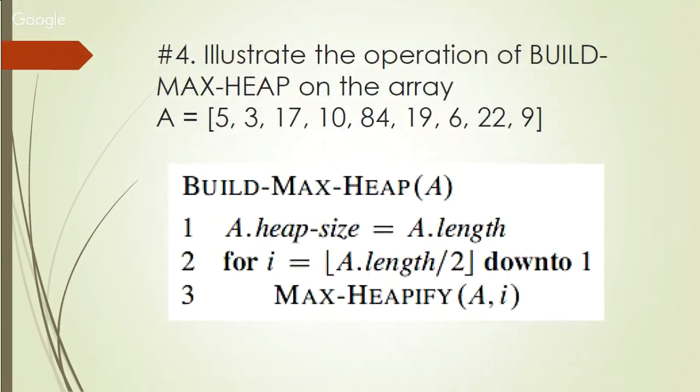So this illustrates the operation of build max heap on the array A given there. We know that the algorithm of build max heap first sets the heap size equal to the length of the array.